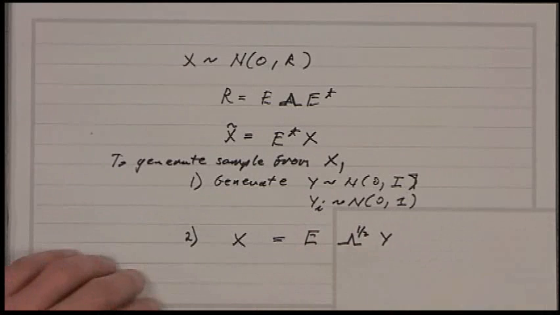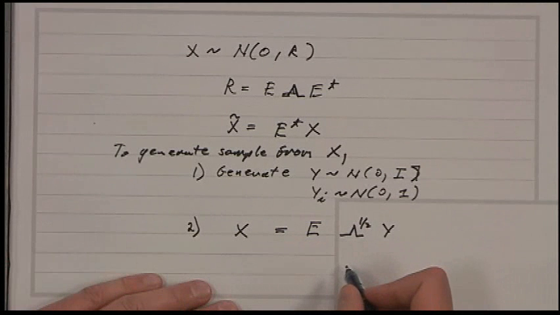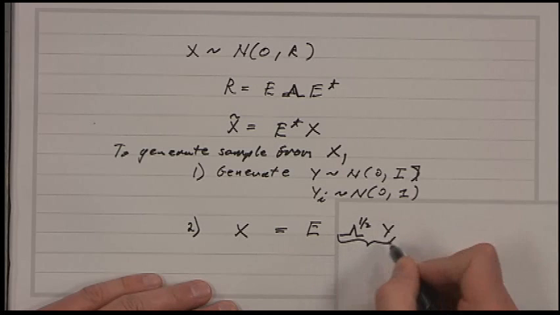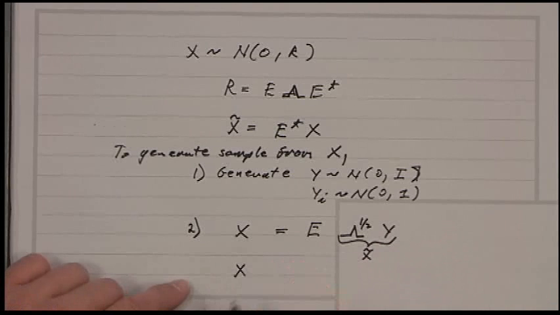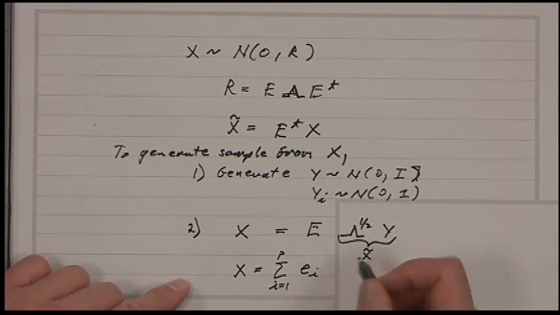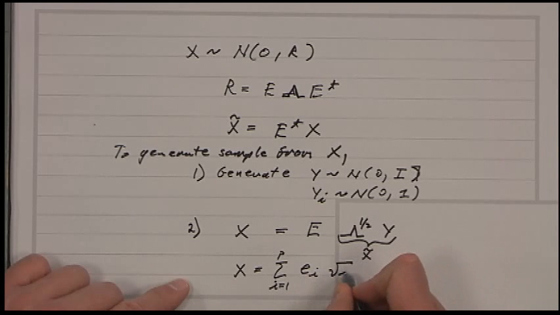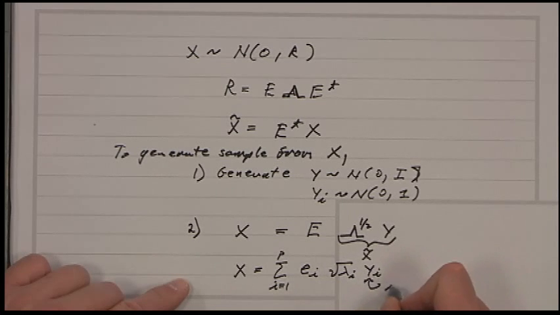So what's really happening here is that this thing here is X tilde, right? So X is equal to the sum from i equals 1 to p of Ei, because Ei is the ith column of E, it's the ith eigenvector, and you're multiplying it by the square root of lambda i times yi, where these are IID.